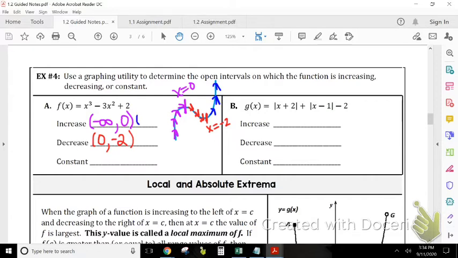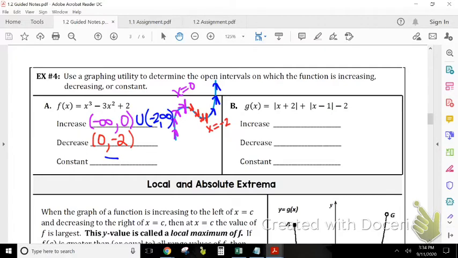So I'm going to come up to increasing, put my little union. It starts increasing at that -2, and it keeps going up to the right, so it's going to stop at infinity. Now, on this one, we didn't use constant, but guys, don't leave it blank, okay? Put a dash, write the word none, put NA for not available or not applicable. Do something. Don't leave it blank. A blank answer is a wrong answer. All right, let's keep going.